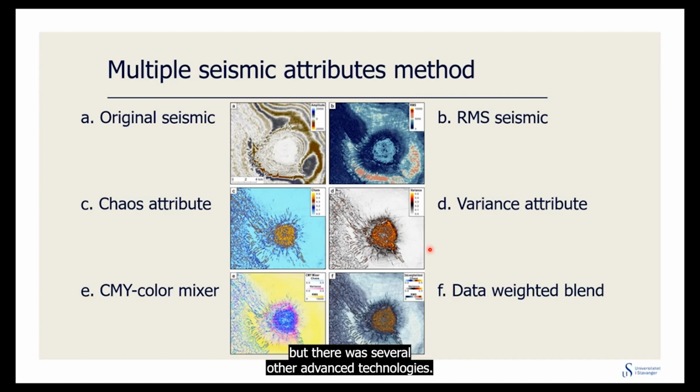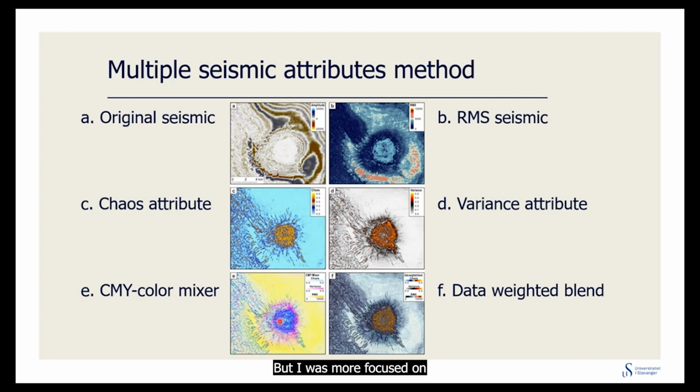But there are several other advanced technologies that mix all of these attributes together. One technique is called color mixer. They use at least 3 attributes and assign them different colors, so the fractures around the salt structures can still be displayed in these time slices.